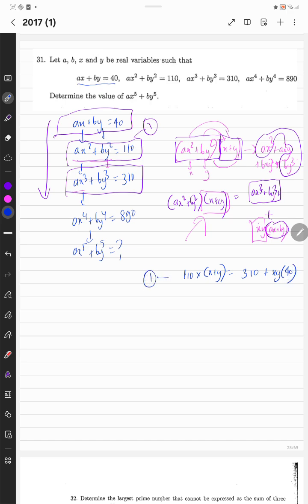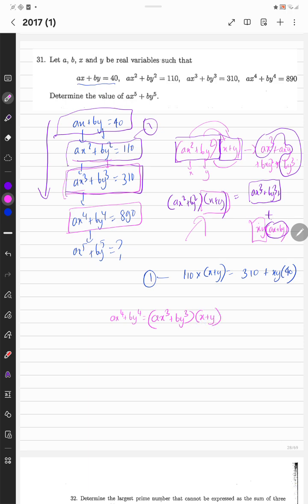Then we can put in the next term, which is ax⁴ + by⁴. We can construct a similar relationship using ax³ + by³, and we have to multiply it again by x + y.